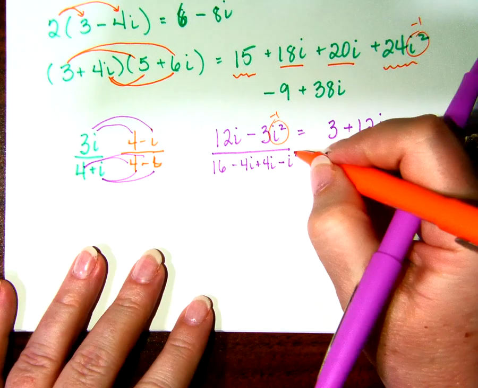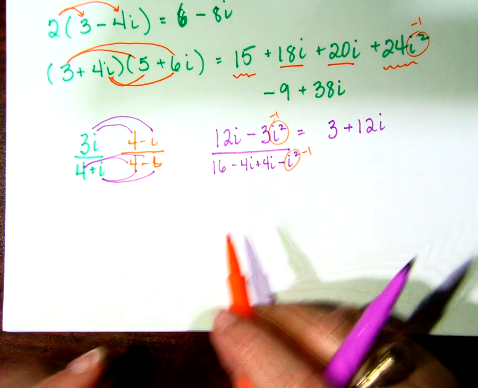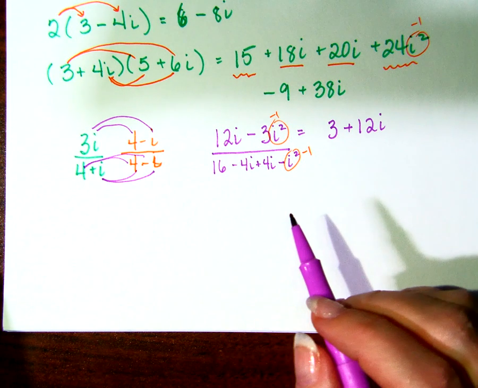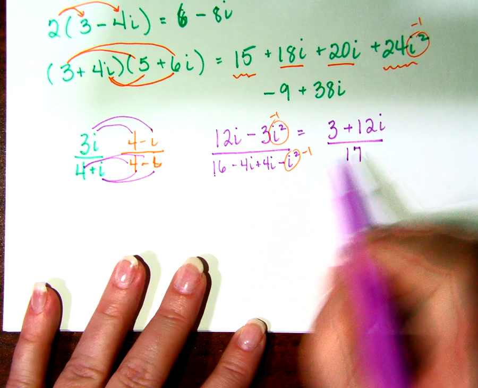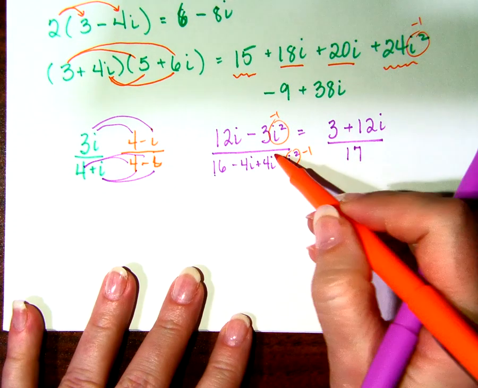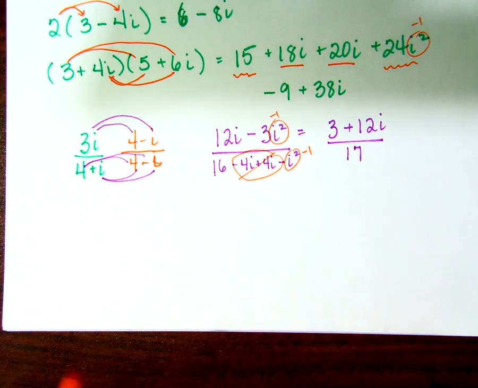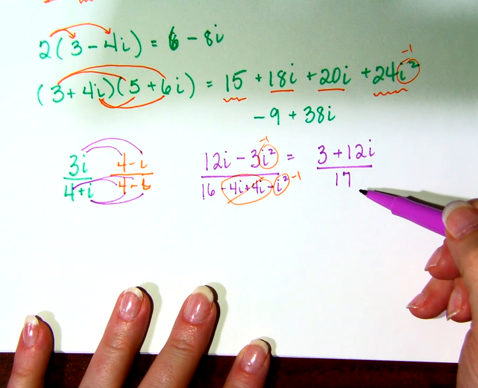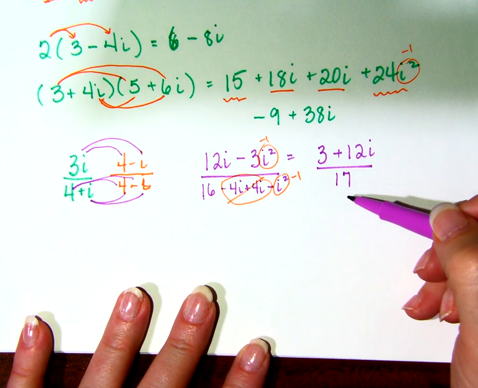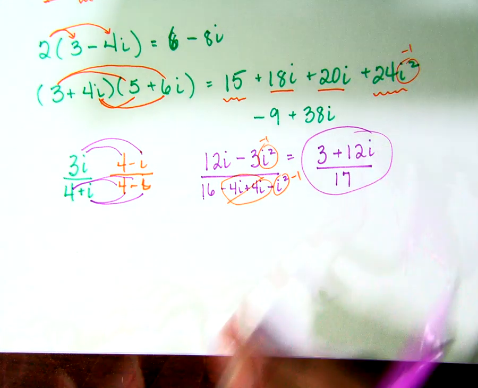But i squared is -1, so I really have +1, right? So I have 16 plus 1 is 17, because like we noticed a second ago, this goes to 0. Okay? And look, is this simplified? Is there an i in the denominator? No, then that's the correct answer.